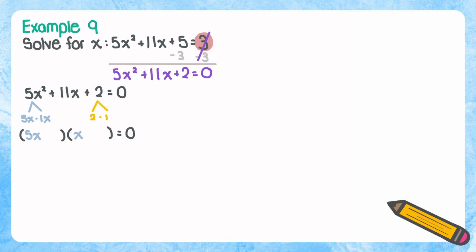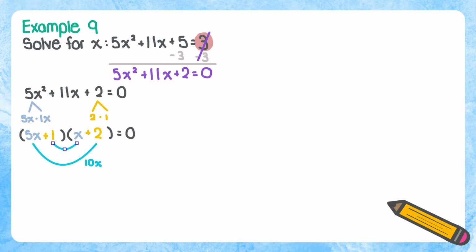So I'm going to try out 5x plus 1 times x plus 2 equal to 0. Let's see if that works. So I multiply the two outer terms. 5x times 2 is 10x.